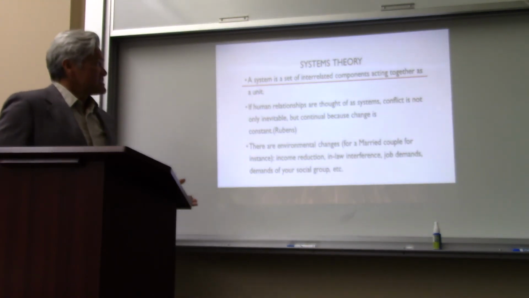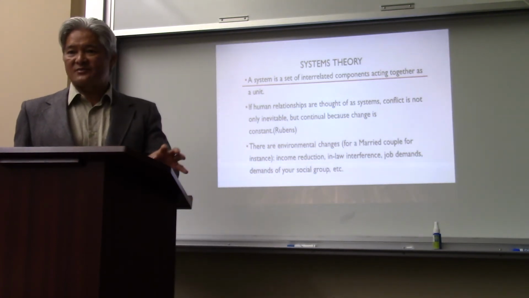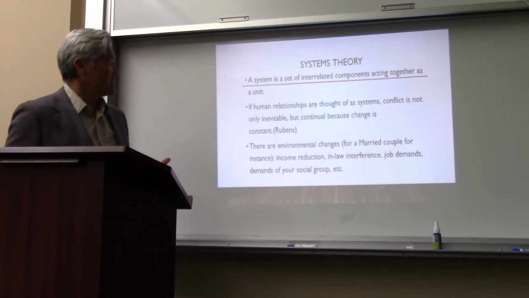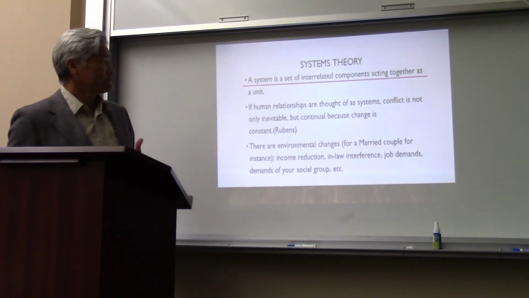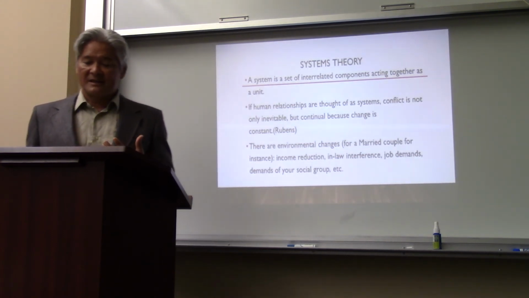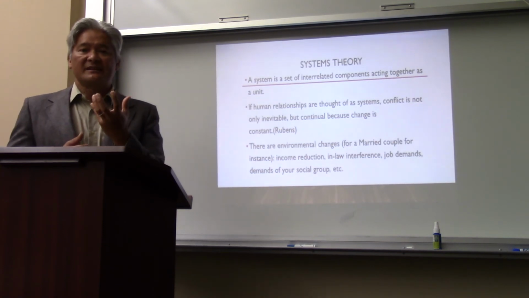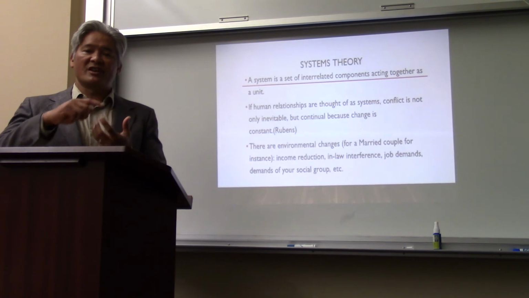Well, let's turn our attention to systems theory. This will be the last theory we talk about that's written in your textbook. I have a couple others that I'd like to discuss that are not in the textbook. But systems theory, if you think about a system, there are components that are interrelated. And what does interrelated mean? That means they are affected by each other.